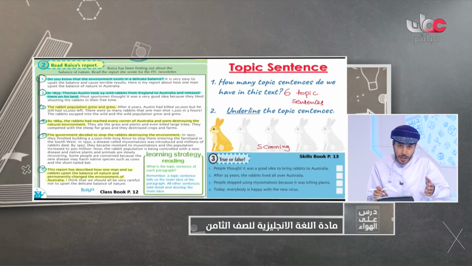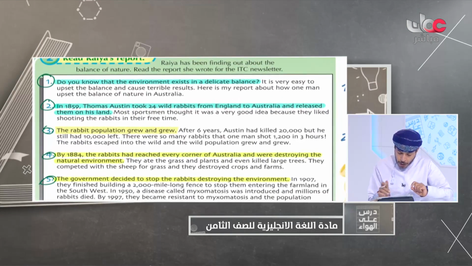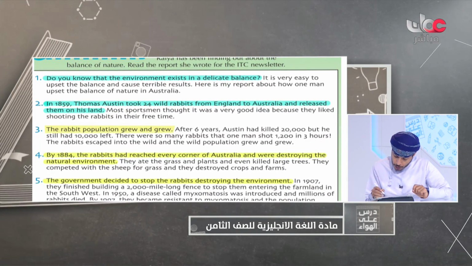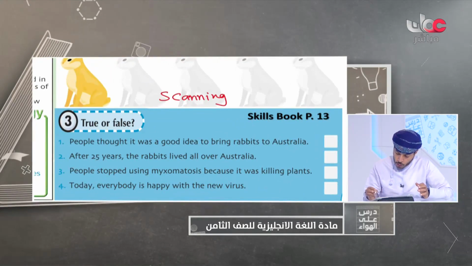Was it a good idea based on the report? Let's move on to paragraph number 2. Okay, in this paragraph we can find out, then we start scanning. So here we can see most sportsmen thought it was a very good idea, because they liked shooting rabbits. So the answer for this one is true.